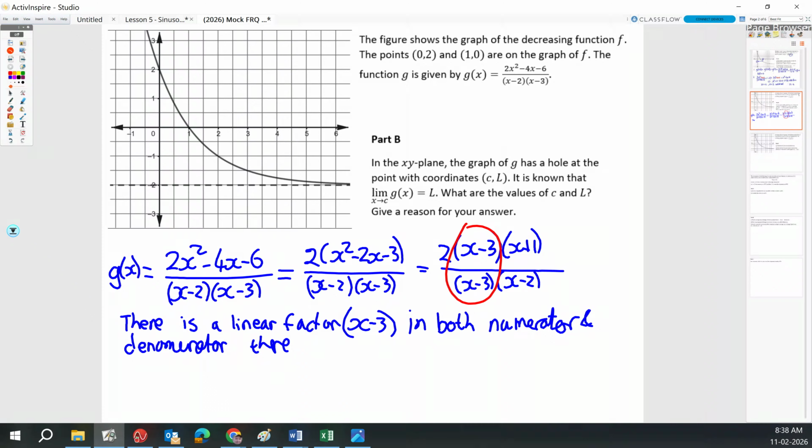There is a hole at x equals 3, which implies c equals 3. So here we have a fully reasoned explanation of why c is equal to 3.